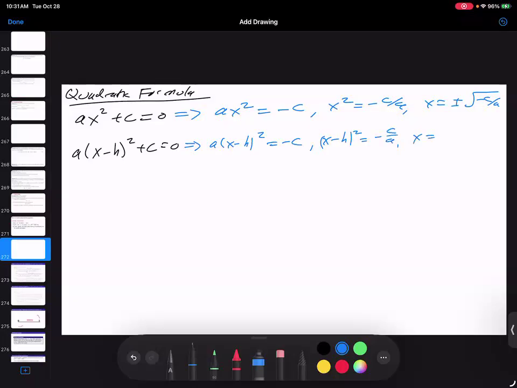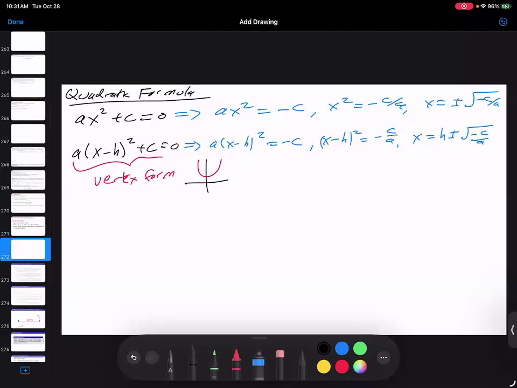So x is equal to h plus or minus the square root of negative c over a. You might have seen this a long time ago in Algebra 2. It's related to vertex form for a parabola. If you can write something like this, it's very easy to find the x-coordinate of the vertex.